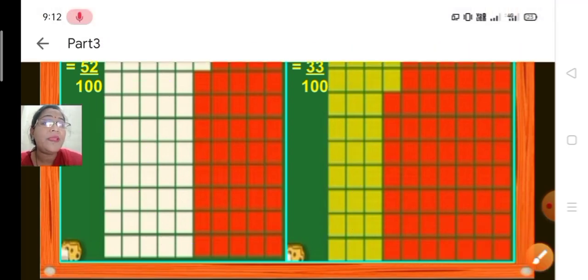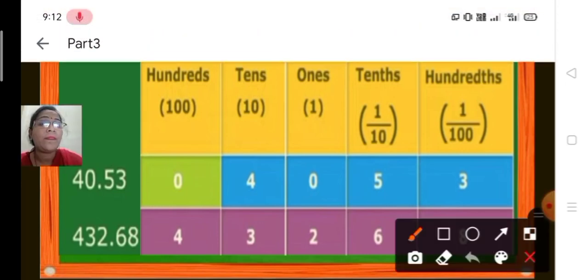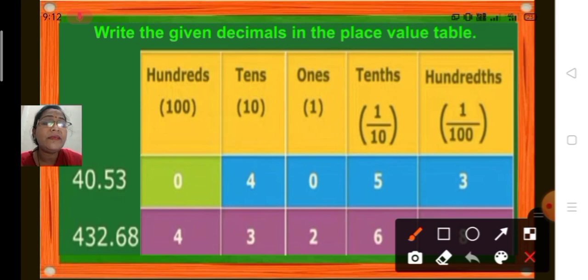Now next we will write the given decimals in the place value table. Here the first decimal is 40.53. Children, now we will represent this decimal in this place value table. Children, here in the 100s place, in the given number no number is there, so we will write 0.